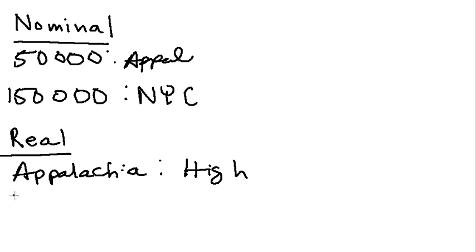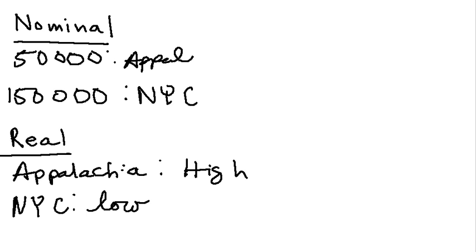Nothing is cheap in New York City. Cost of living is really high, so even with $150,000 in your pocket, you might feel quite poor. So, in New York City, my real income may actually be kind of low. We always have to consider real income along with nominal income.